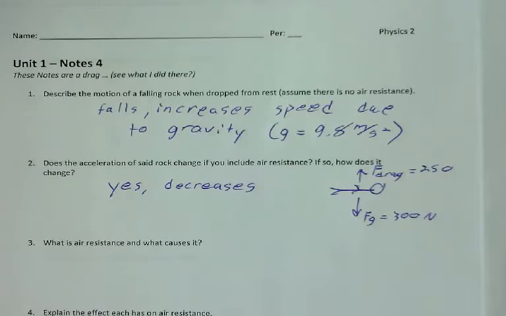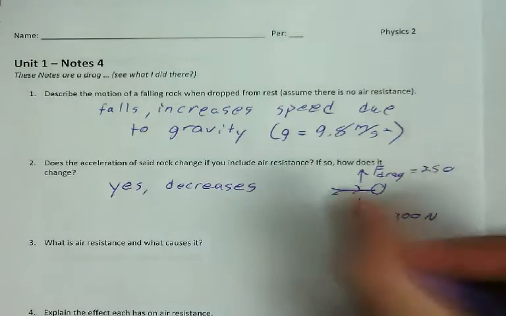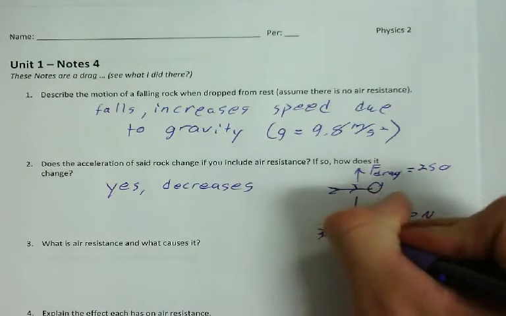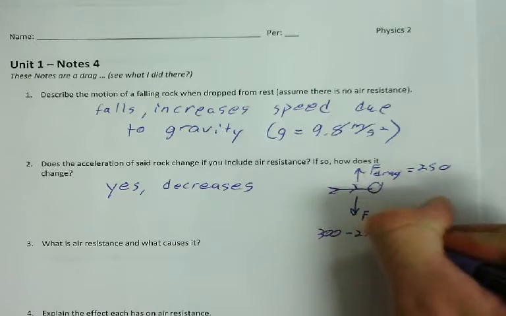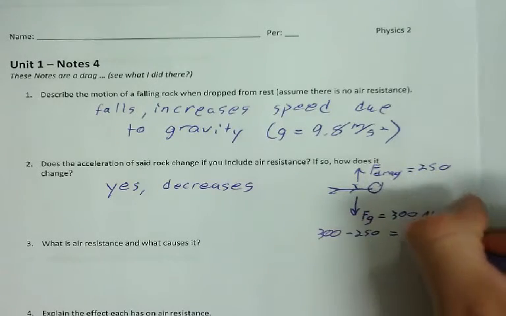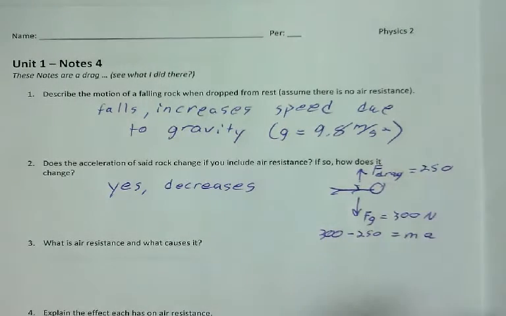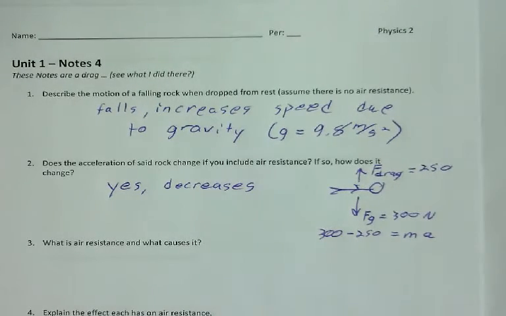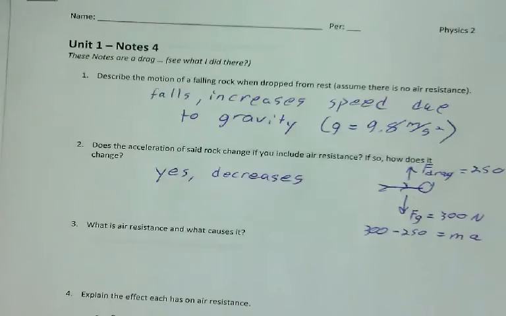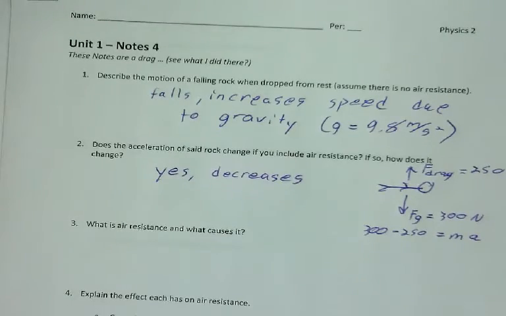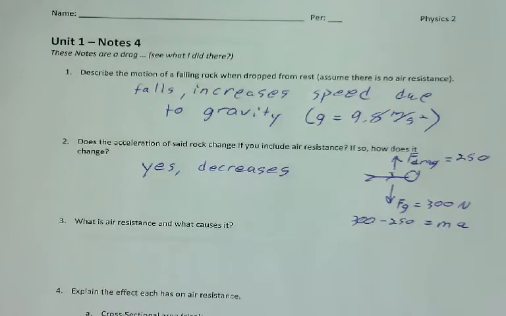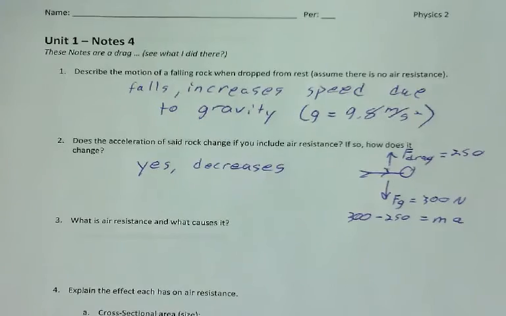Okay? You just do F equals ma. So 300 minus 250 equals the mass times the acceleration. If you know the mass of the object, you can figure out what the acceleration is. So it's actually, that part is not complicated. It's just Newton's second law like we've done. Good.